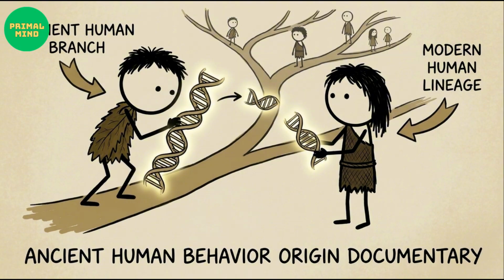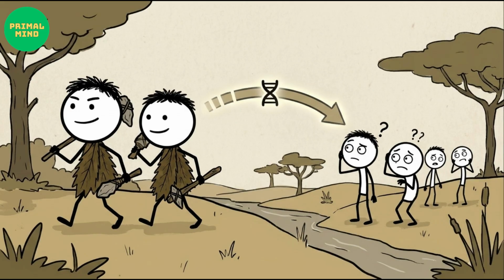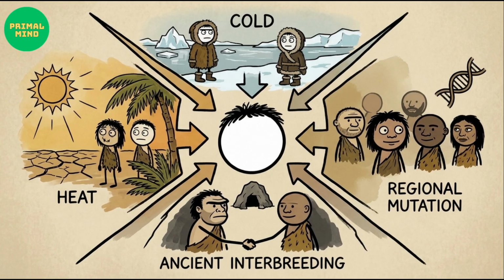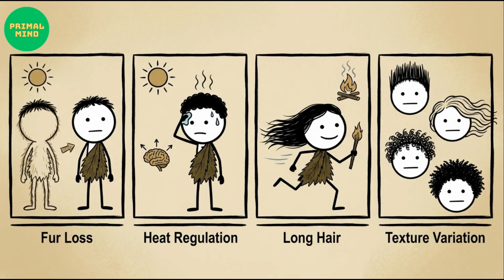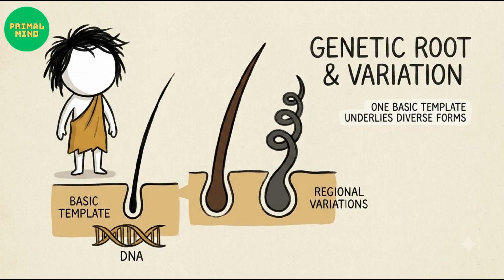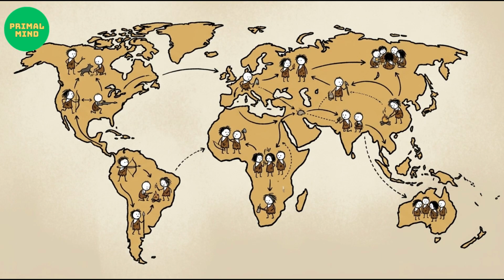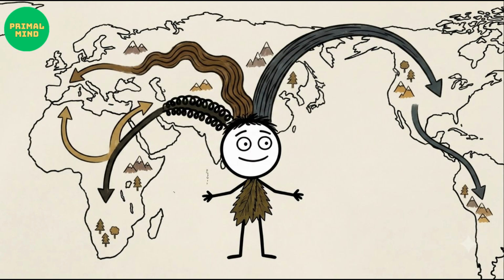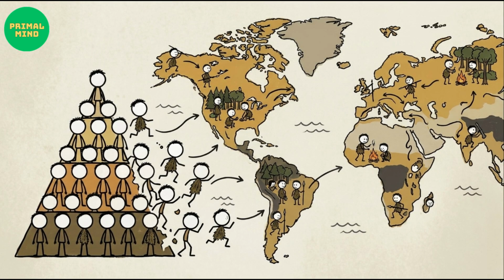It even borrowed, in some populations, a genetic head start from an entirely different species of human that no longer exists. 4 completely different environmental pressures, 4 completely different evolutionary answers, all written onto the exact same basic biological template. Zoom out far enough, and hair texture stops looking like a source of division and starts looking like something closer to a map, not a hierarchy.